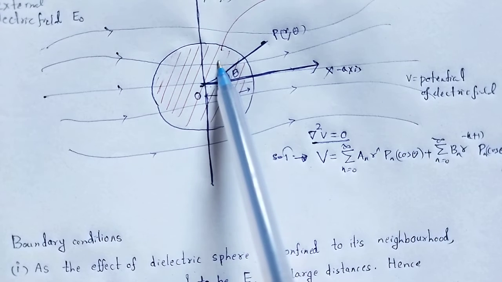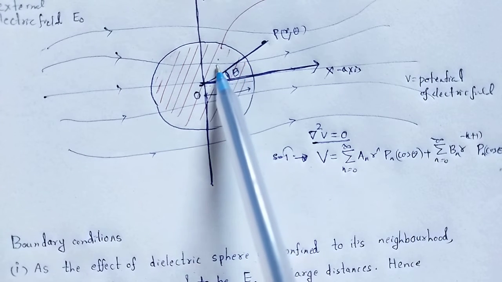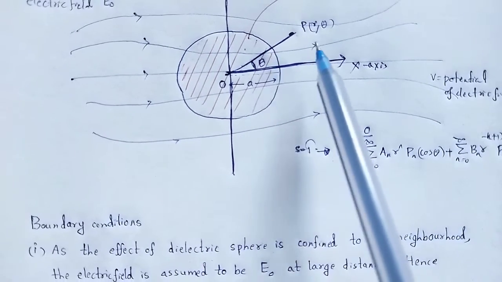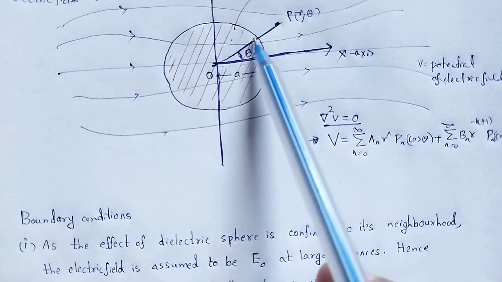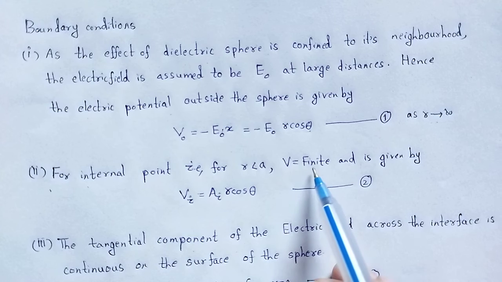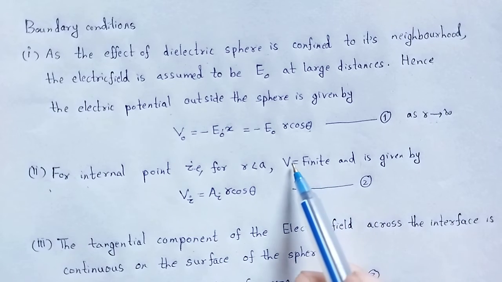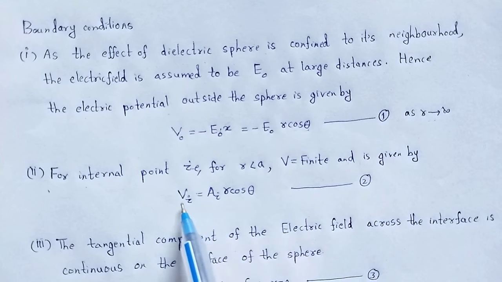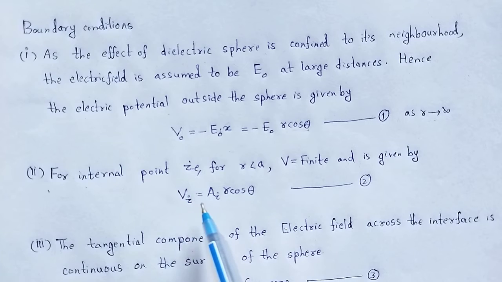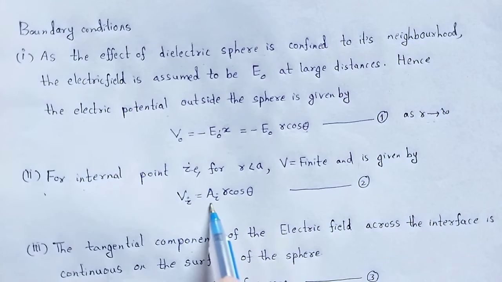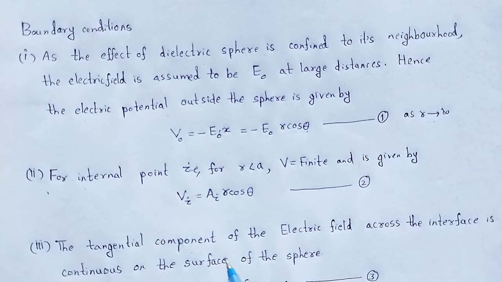For an internal point, that means r is less than a, V is finite, the potential has a specific value, and it is given by the electric potential at the internal point, V internal is equal to A i r cos theta.